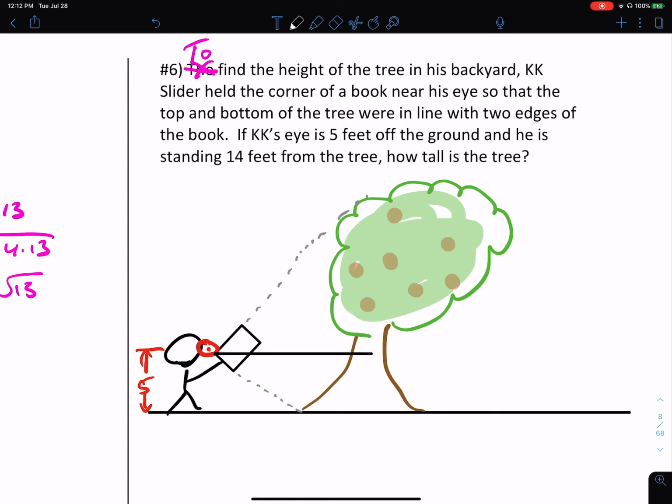A couple assumptions you're supposed to make in pictures like this. That the tree is vertical and the ground is horizontal. So this 14 feet, which is horizontal, is perpendicular to the tree. This makes this right triangle. So my picture's not perfect, obviously.